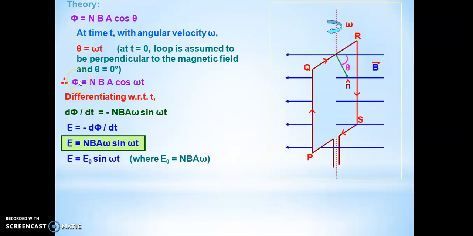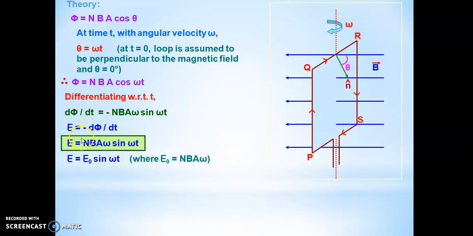If I differentiate this magnetic flux with respect to time, then N is constant, B is constant, A is constant, not differentiated. But cos omega t contains omega and t, so this will be differentiated. The differentiation of cos is minus sine of the argument omega t, and omega will also come out. Very simple differentiation principle is here.